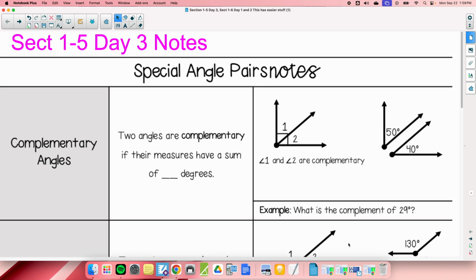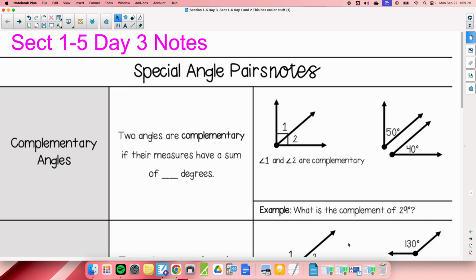Do you guys all remember what complementary means? They add up to 90. And do you remember if you look up on the wall here, for complementary, isn't there a 90 there? And supplementary, isn't there 180 there? Does that help? Okay.